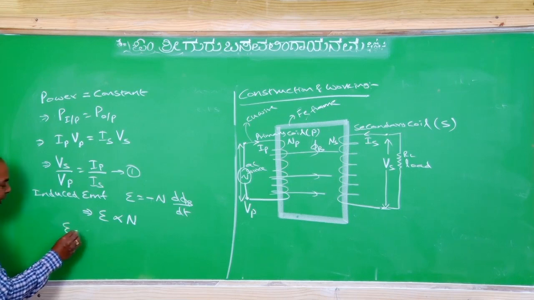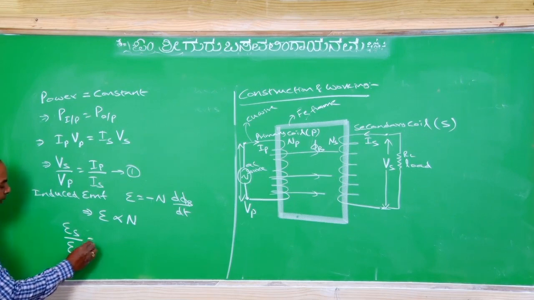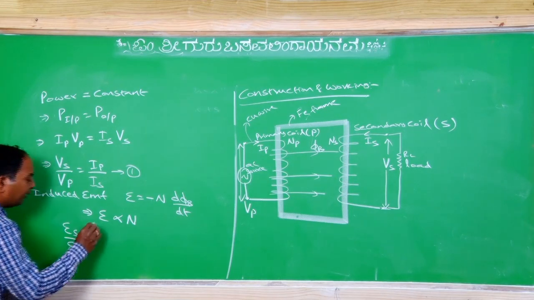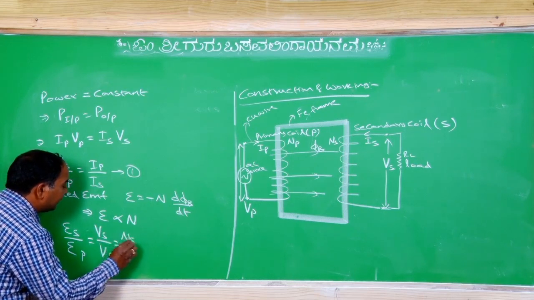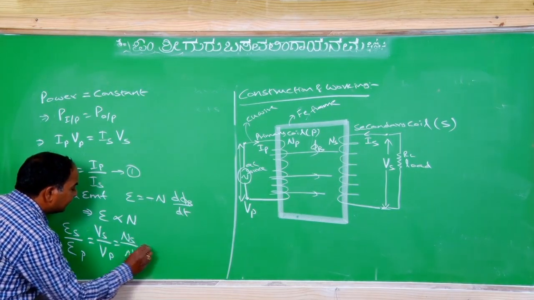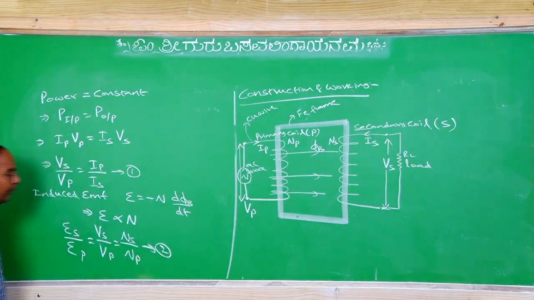From this, the ratio of induced EMF in the secondary coil to the primary coil, we may write Vs by Vp is equal to Ns by Np. This is considered as equation 2.